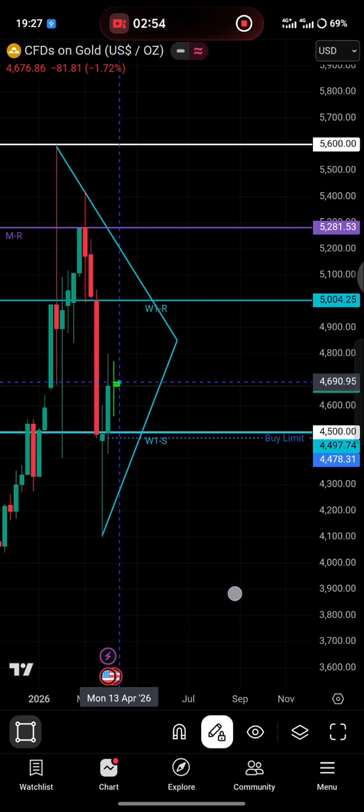So if tomorrow's candle pushes up to create a top wick first, we're going to be looking for a spot to enter a sell position, a short position, but only after we have looked through the 4 hours chart, 1 hour chart, and it has started forming a bearish price action, right?